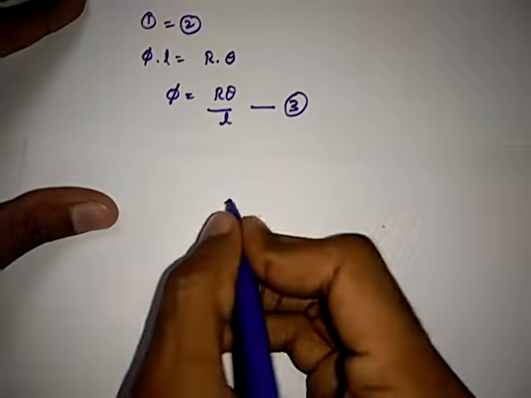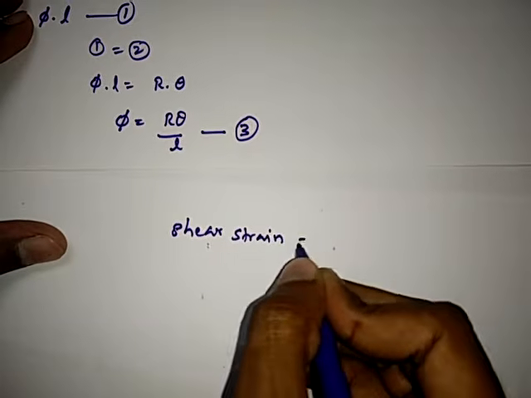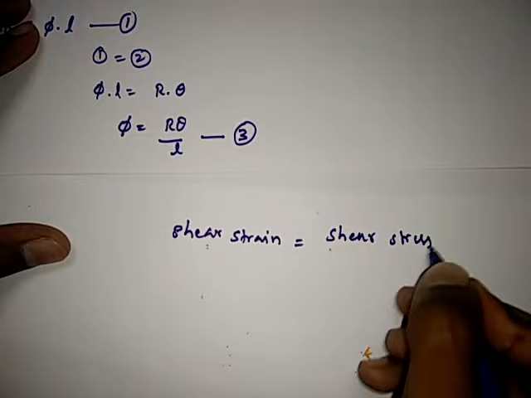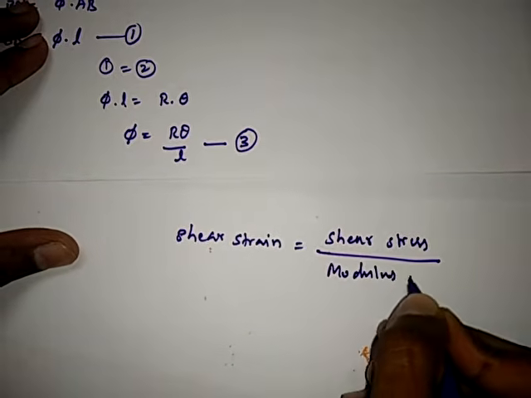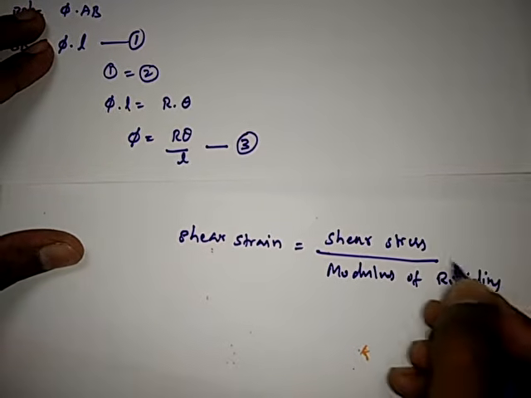Also from the basic definition of shear strain, I can write shear strain as shear stress divided by modulus of rigidity. How can we write this?